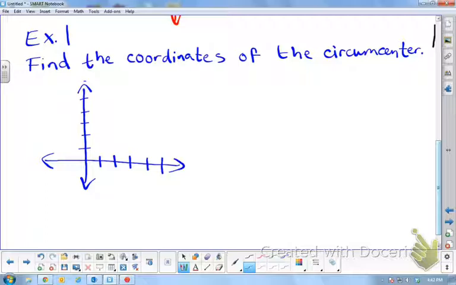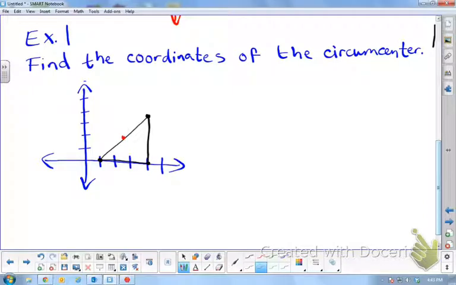And then I'm going to put one of the vertices here, one of the vertices here, and one of the vertices here. So we know that the circumcenter is located on the midpoint of the hypotenuse. So it's about here.